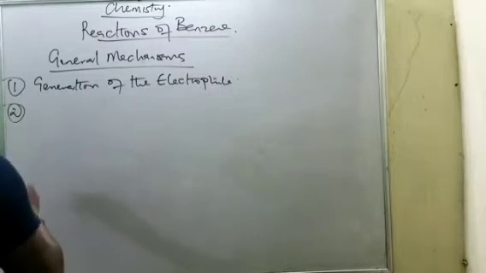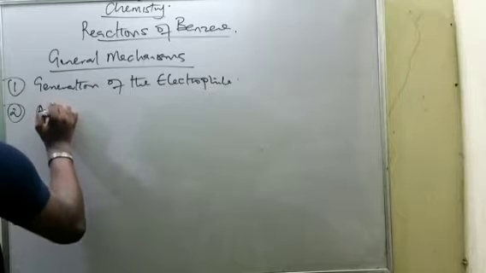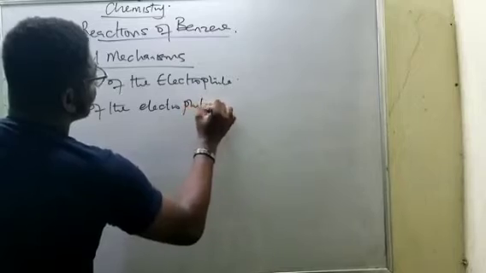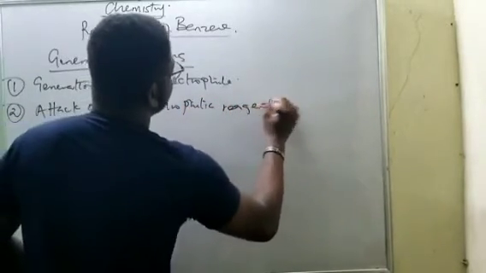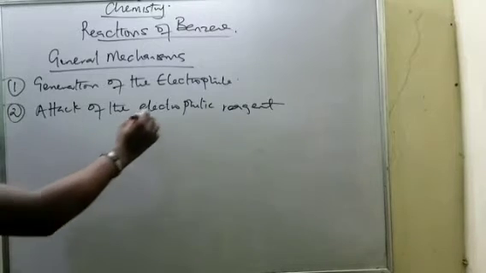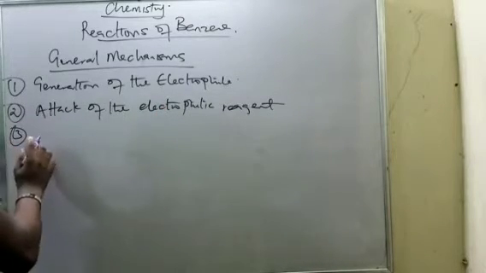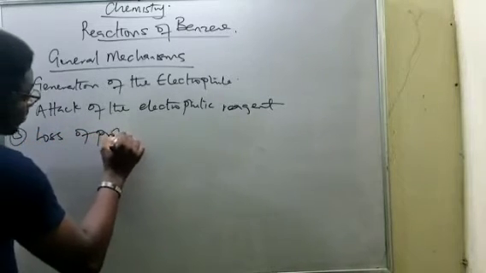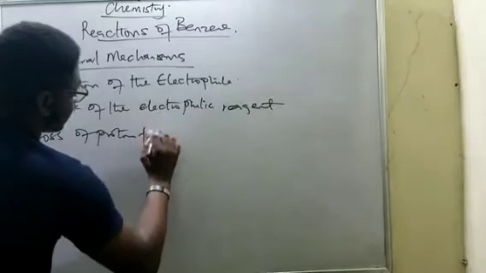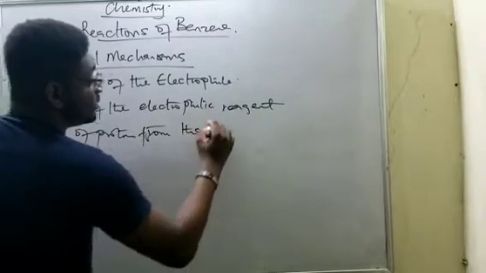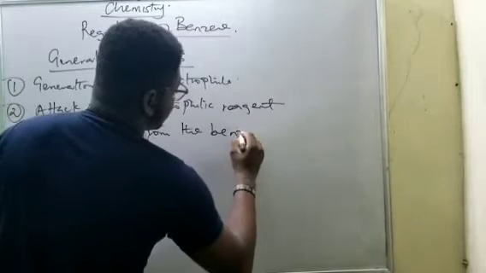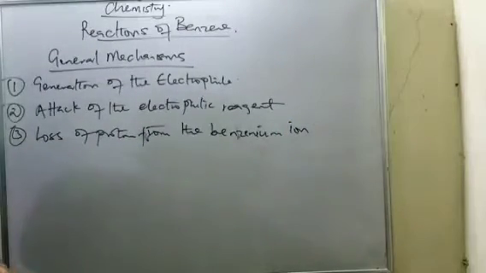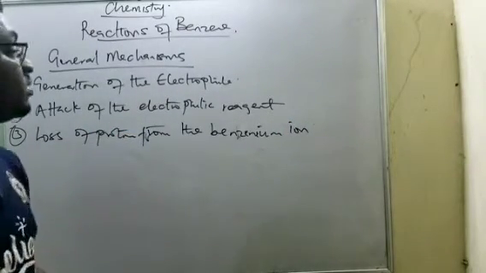The second one is the attack of the electrophilic reagent, and the last one is the loss of proton from the benzenium ion. Yes, benzenium ion, loss of proton from the benzenium ion.